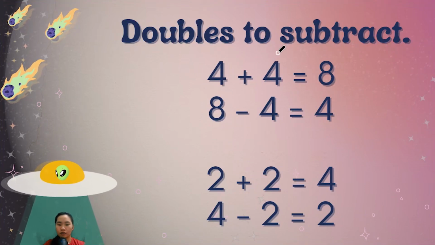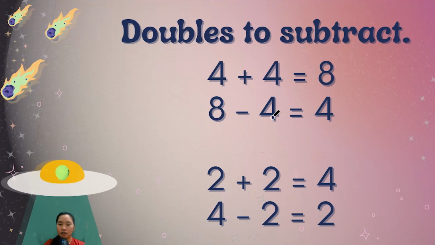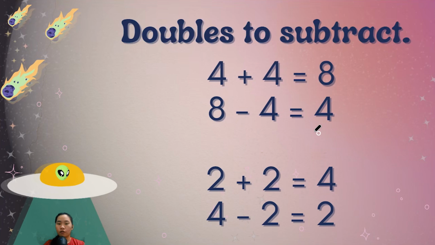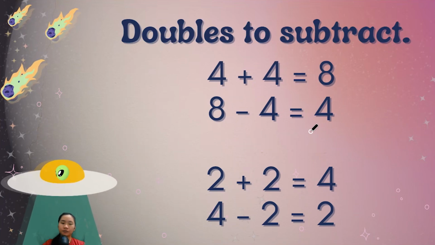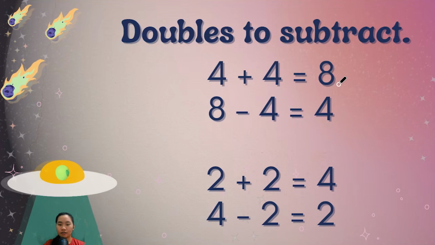4 plus 4 equals 8. 8 minus 4 equals 4. As you can see, if you add 4 to 4, you have 8. So 8 is the sum of the addend 4 and addend 4.